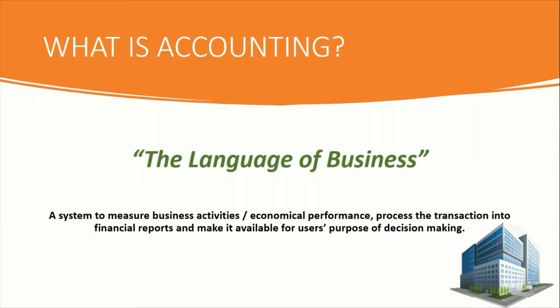It's called the language of business because it takes all the transactions that happen in a business and puts them into numbers and interprets them with detailed and structured results, which you can use to make decisions for improvement of your company. Okay, so let's go to the next slide.